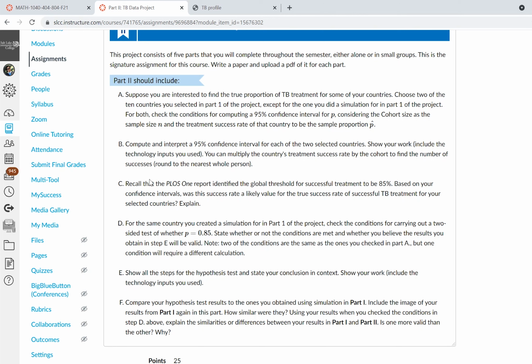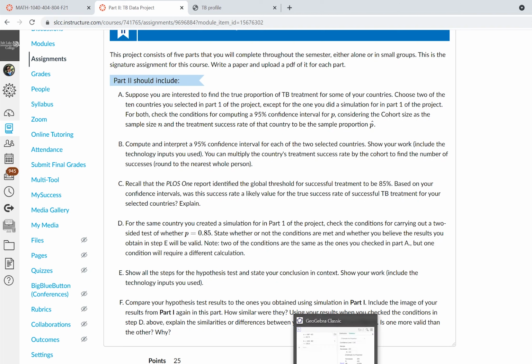For part C, you will recall that in the first part of the project, we discussed that 85% was the global threshold for successful treatment of tuberculosis. Your question is going to be, does 85% seem like a likely value in the confidence intervals you just created?